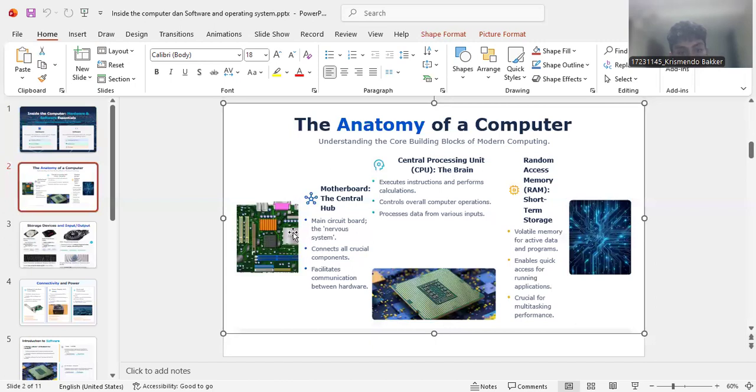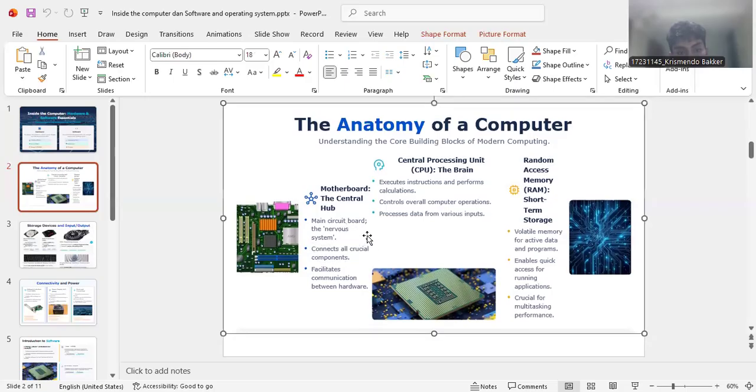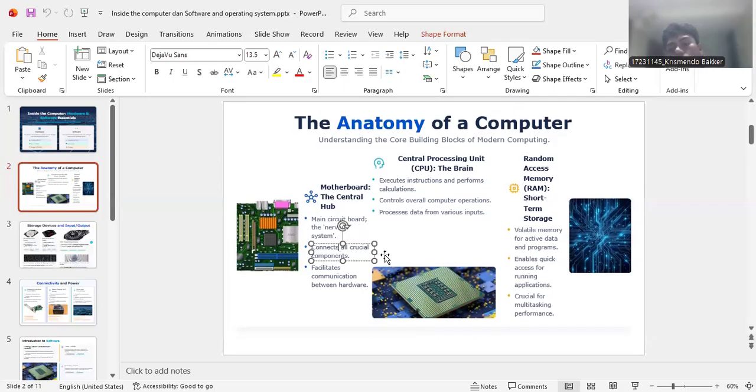The main board connects all the crucial components and facilitates communication between hardware.